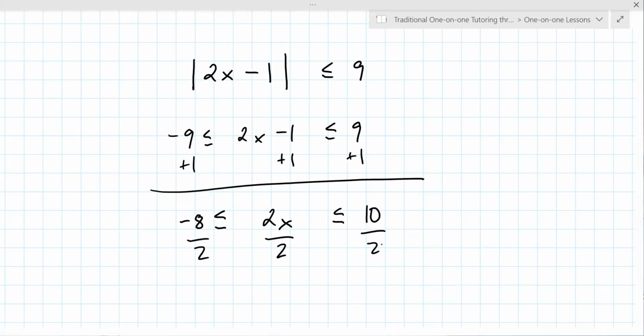What is -8 divided by 2? -4. Okay. And then that right there, 5.